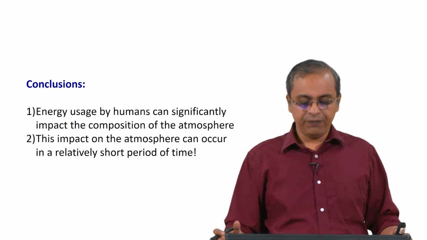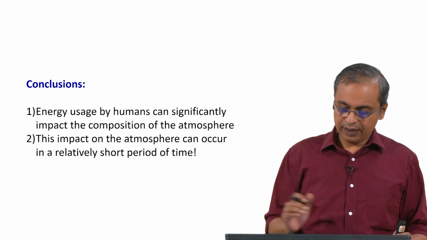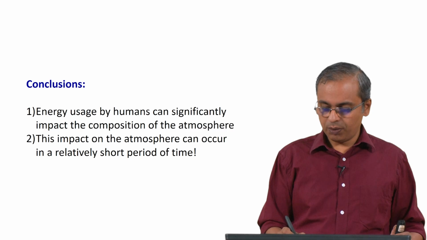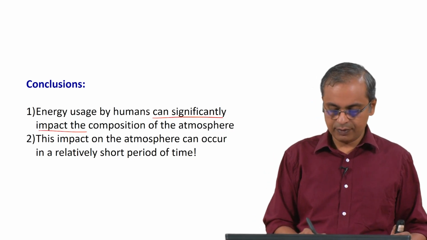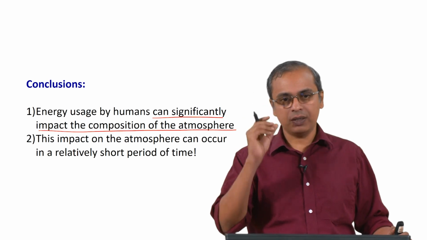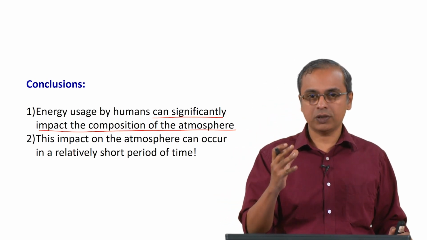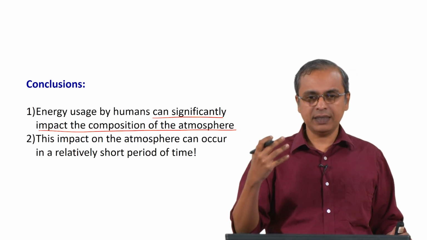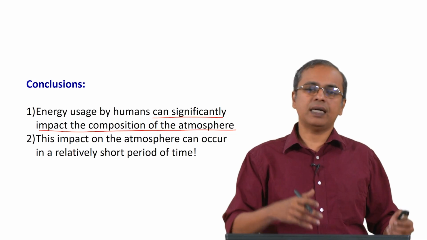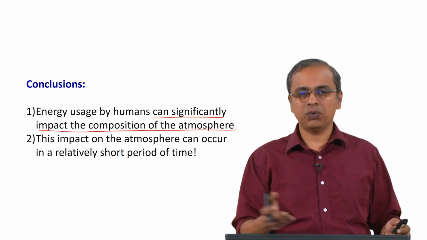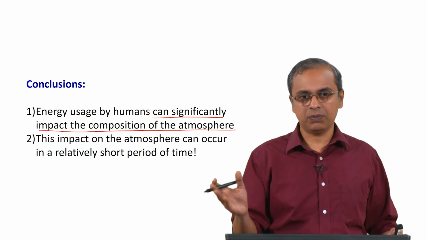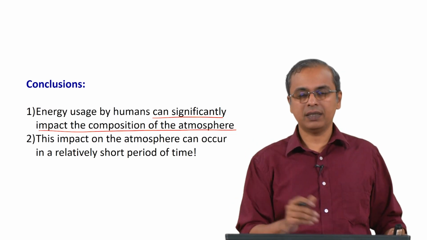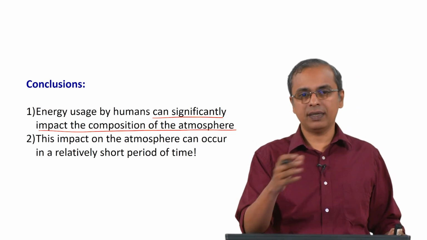So in conclusion, we can see through our calculations, first of all, that energy usage by humans can significantly impact the composition of the atmosphere. I think that itself is a very important conclusion to focus our thoughts on, because in the popular perception, some people have the idea that the atmosphere is huge and there is no way a bunch of us sitting on the ground can make a difference to it, and therefore that the whole idea of global warming, or of the amount of carbon dioxide in the atmosphere being high, is not really true.